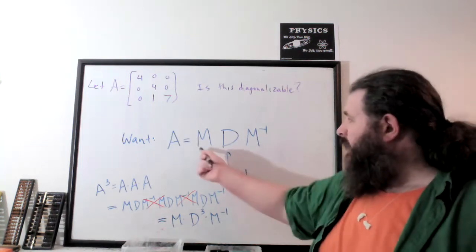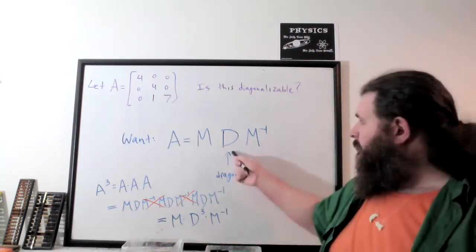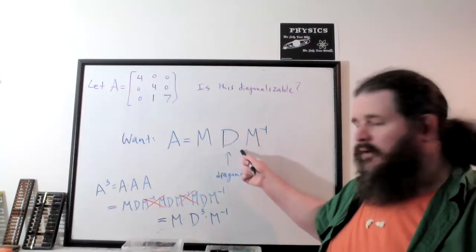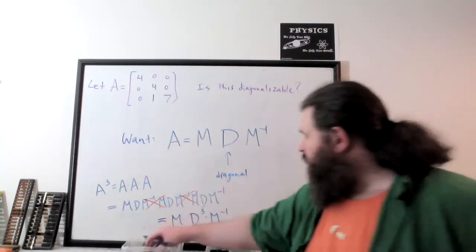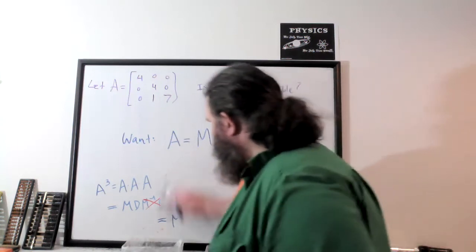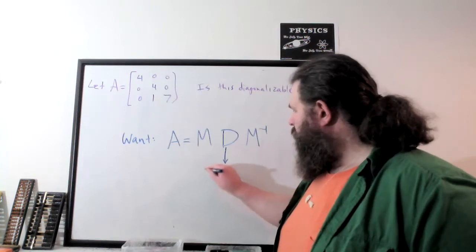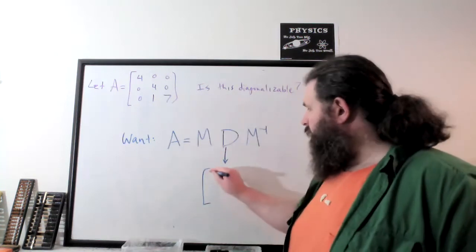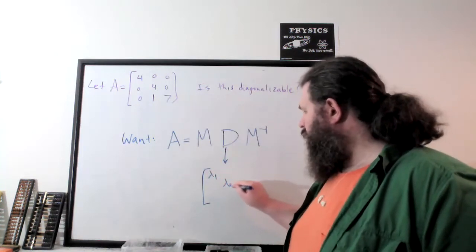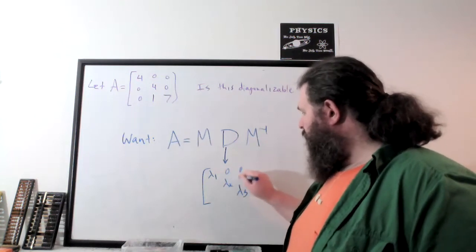It turns out that this factorization works if and only if the diagonal numbers in D are the eigenvalues of the original matrix. So that's specifically going to be, let's say this is 3 by 3, so presumably there's lambda 1, lambda 2, lambda 3 on the main diagonal.